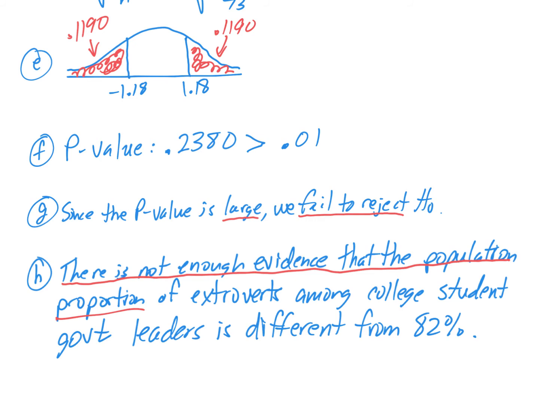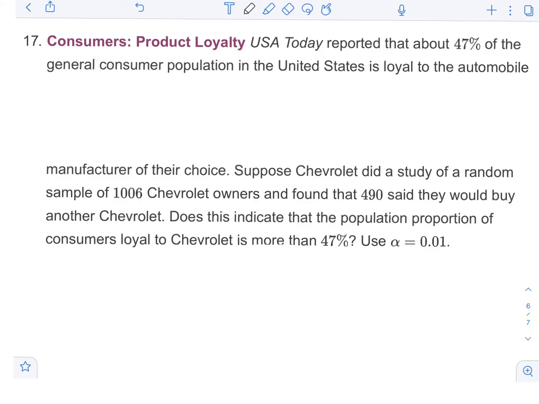That's our first example. In our second example, USA Today reported about 47%, there's your P, of the general consumer population in the United States is loyal to the automobile manufacturer of their choice. Suppose Chevrolet, this is a study, this is a sample, of 1,006 Chevy owners and found that 490 said that they would buy another Chevrolet.